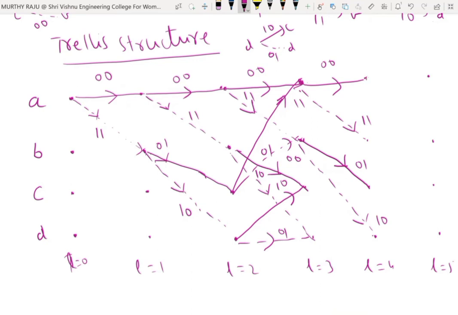Next one, C to A, 1 1. C to A 1 1. C to B 0 0.